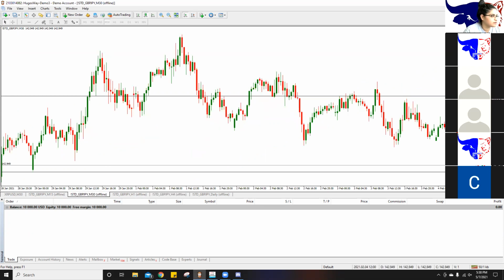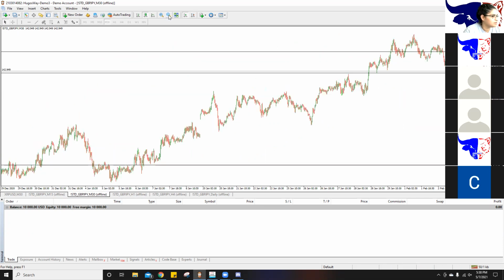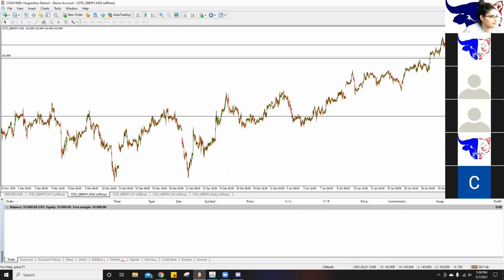Let's take a look at the 30-minute. So I'm going to zoom out. We're going to take a look at the structure here again. Same thing on the 30-minute time frame. We got that bullish structure. We're sitting at a key level.